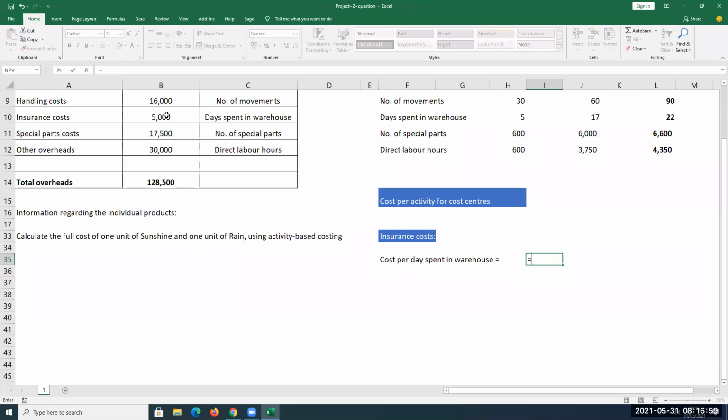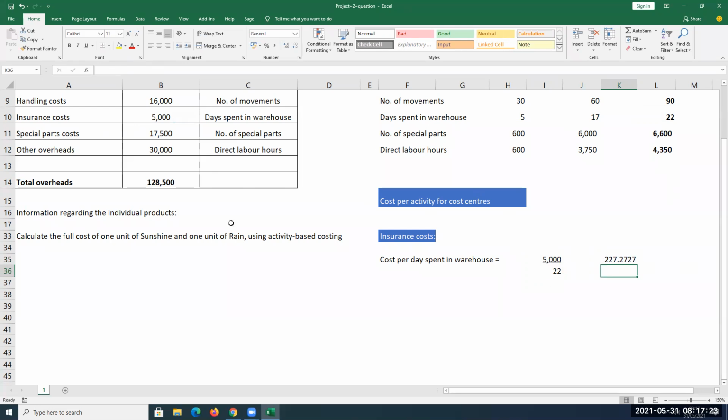So it is 5,000 divided by the days spent in the warehouse, 22. So the answer is 5,000 divided by 22.